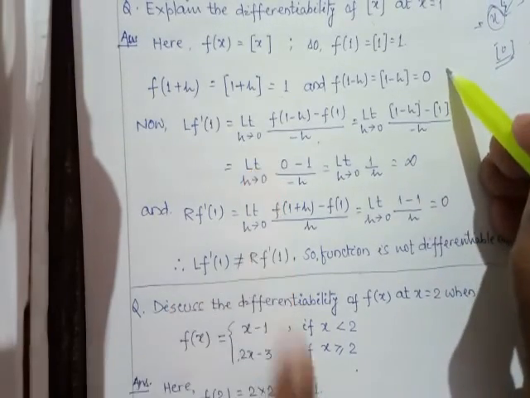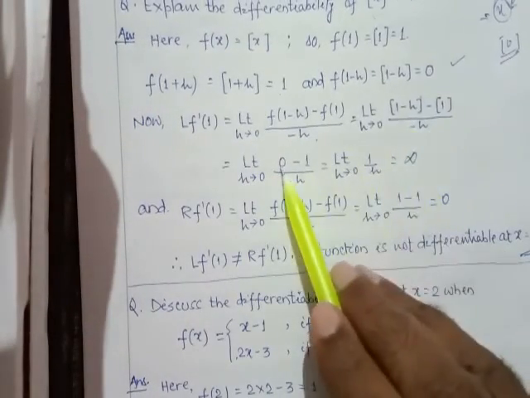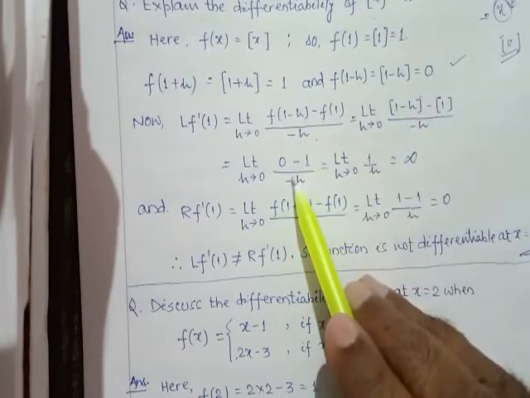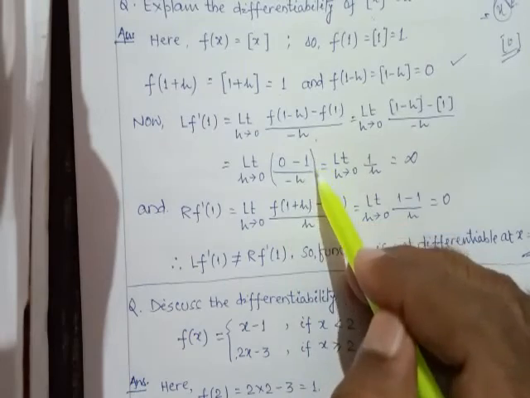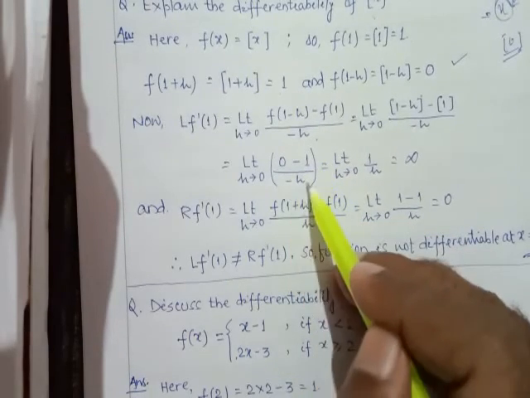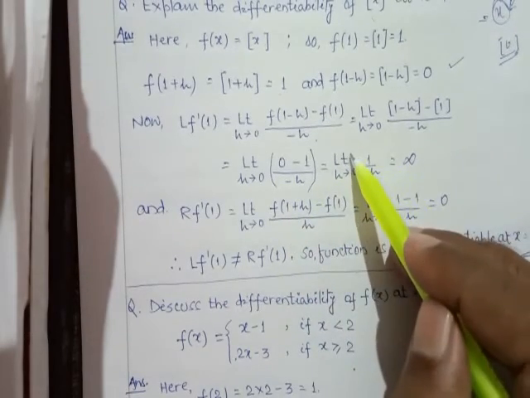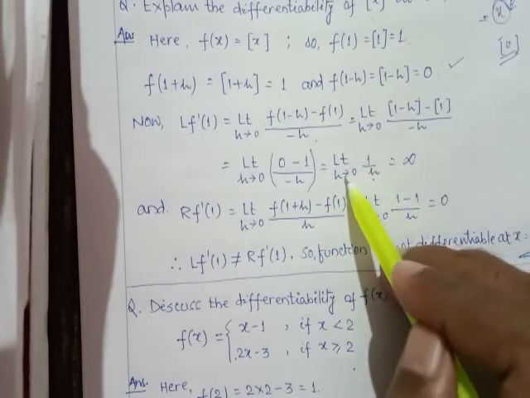So 0 minus 1 upon minus h, so it should become minus 1 upon minus h. Minus and minus cancel. How much is left? Limit h tends to 0, 1 by h. And when we put h as 0, then 1 by 0 results in an undefined term.